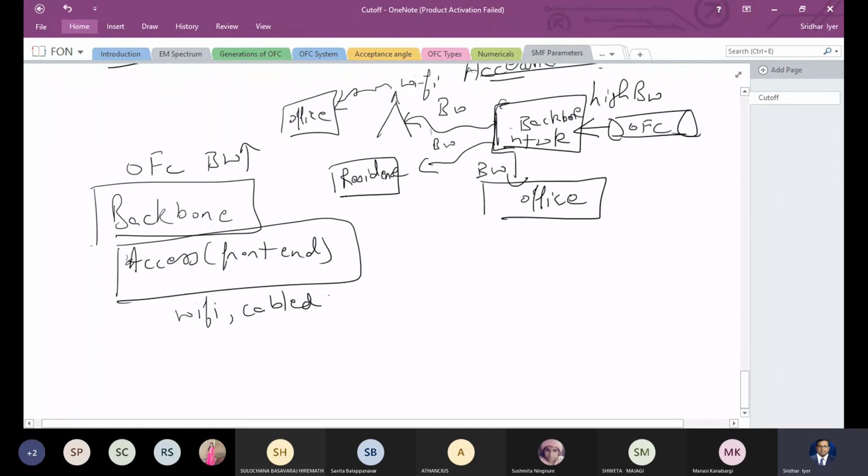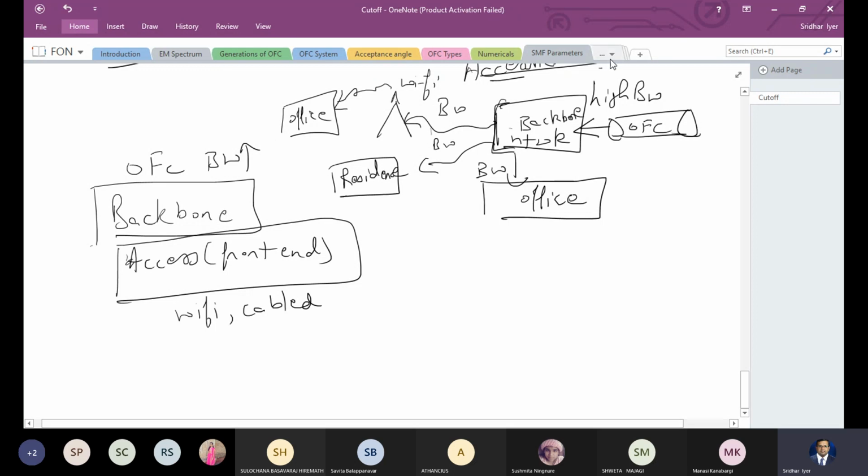So access is the network where you want bandwidth, not much bandwidth, but only for an office environment or a residential environment. Therefore, the huge bandwidth that we get from the OFC can be split into various smaller bandwidths, and each of these chunks can be given to residences, offices, educational institutes, and so on and so forth.